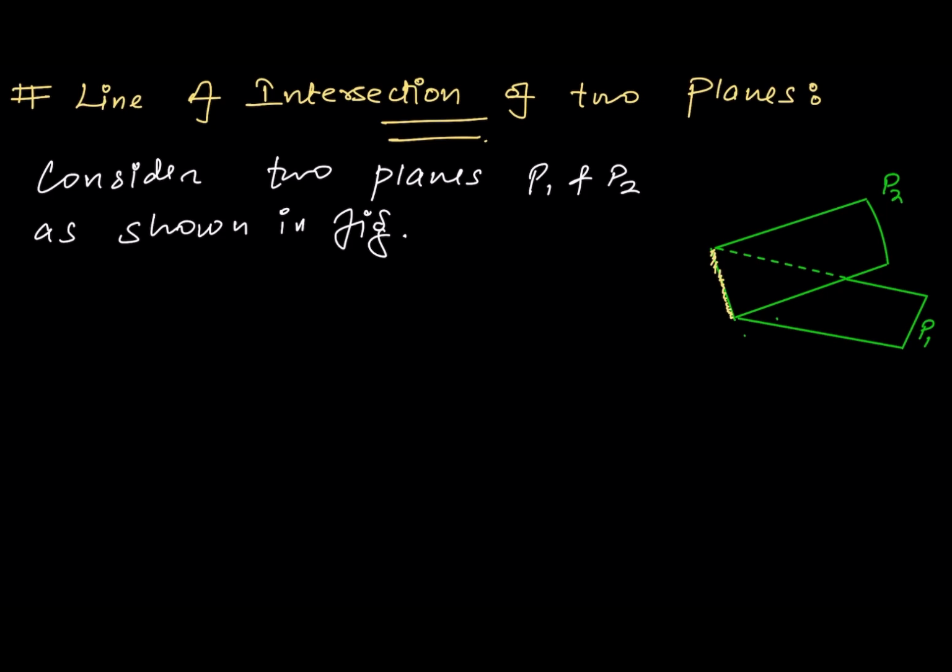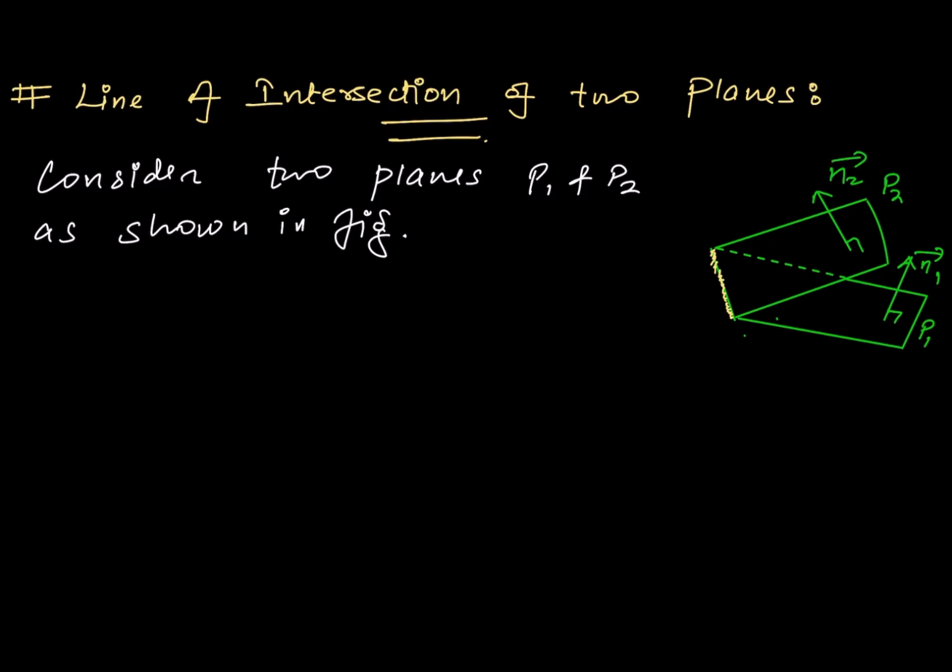Okay, so now for this, we can see this is normal vector n1 for plane P1 and this is normal vector for plane P2, that is n2.